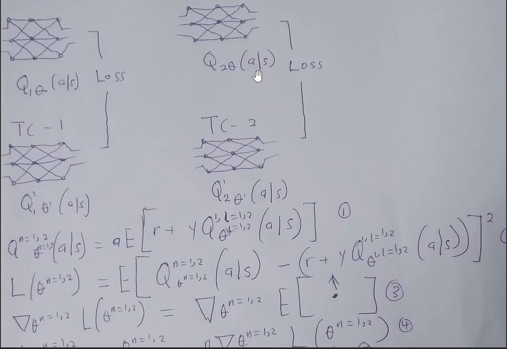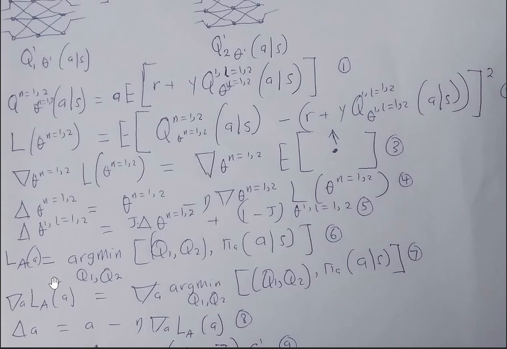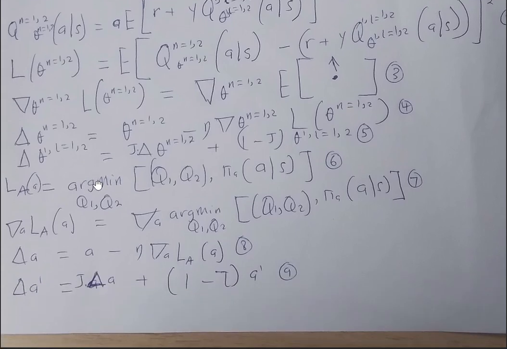Notice that these two are there to achieve a minimized Q value to prevent overestimation. So the loss is now computed, and any of the Q values that has the minimized Q value is used to compute the loss. So we have Q1 and Q2, and the policy that the actor took. This is the objective function that the main actor has.